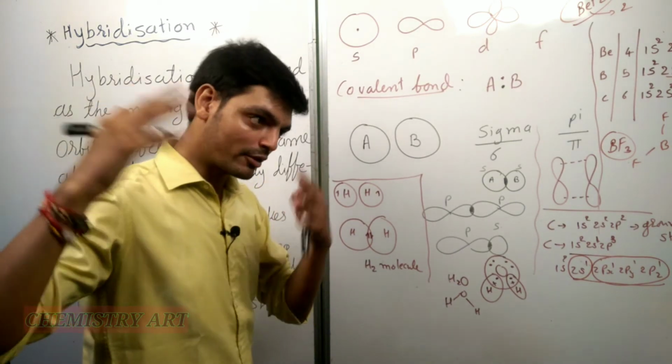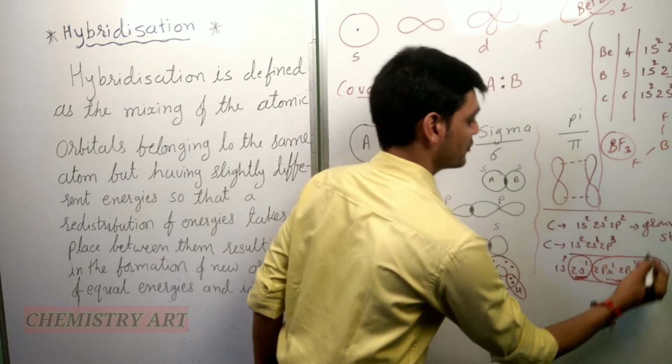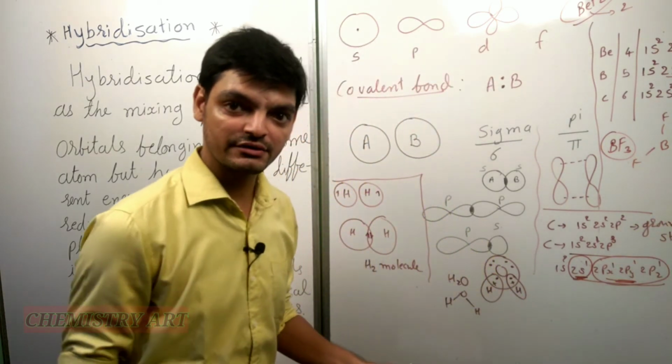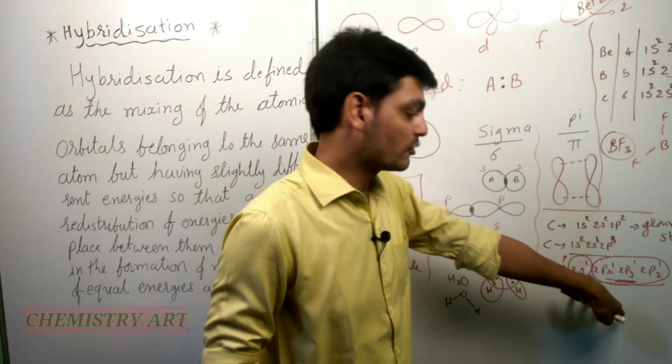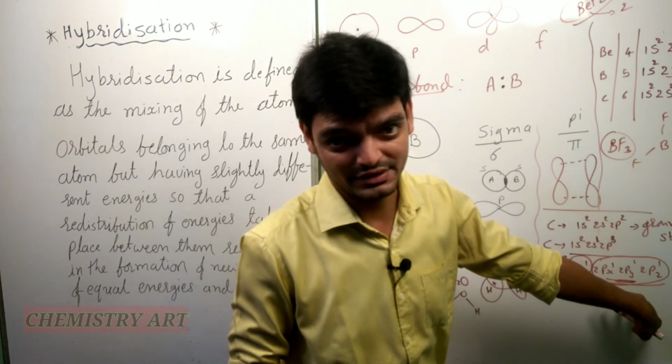But the main problem is the energy of the s orbital and the energy of the p orbital is totally different. Totally different means they are not the same. The shapes of the s orbital and p orbitals are also different.